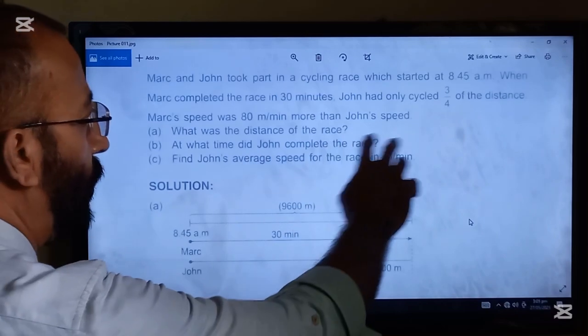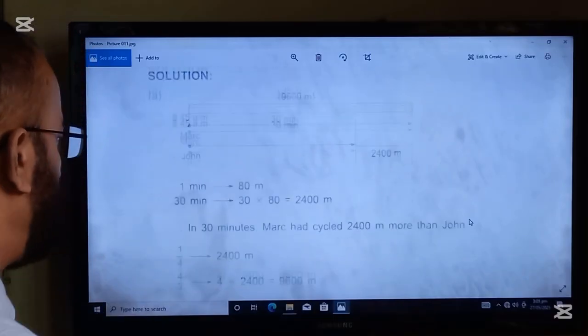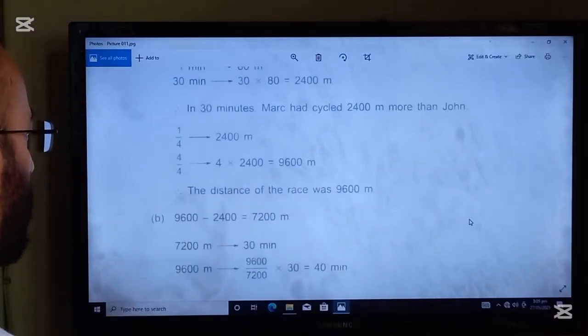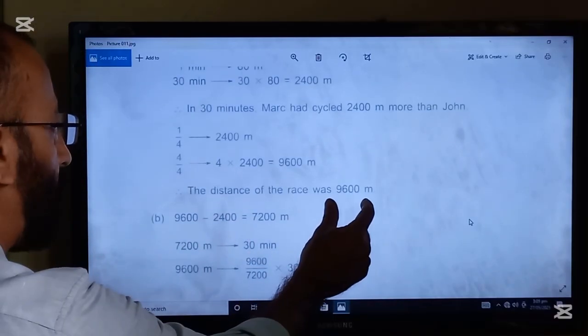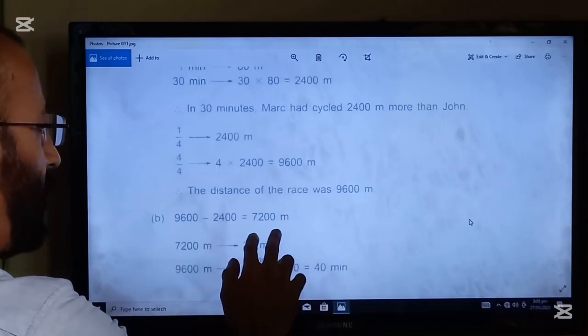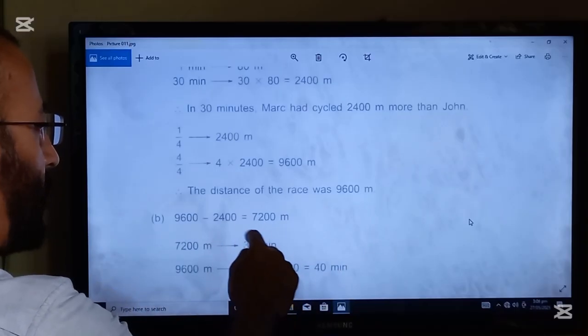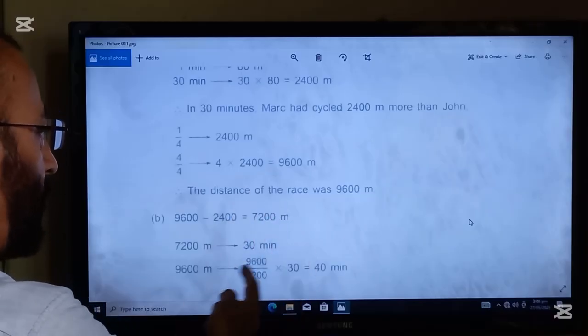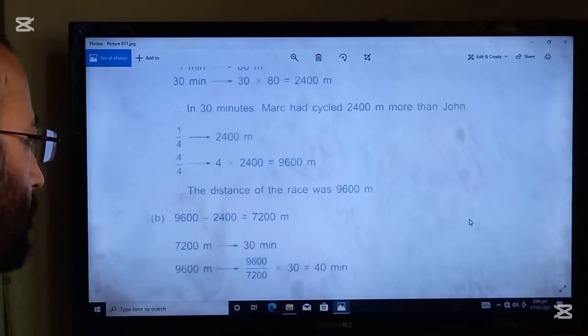Okay. John's requirement is here. So look now. 9600 is the total distance, minus 2400 will be equal to 7200. So this is the distance which John has covered in 30 minutes.